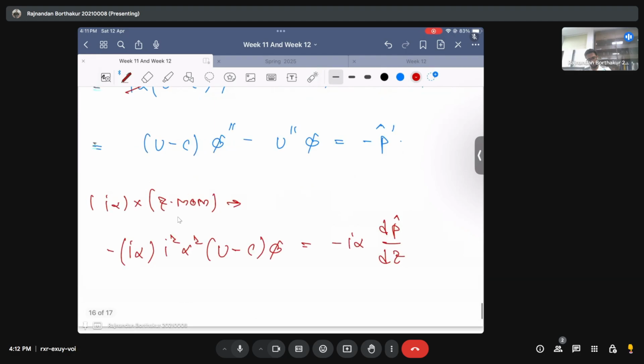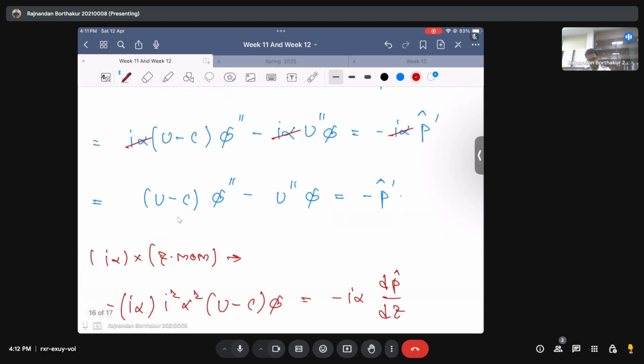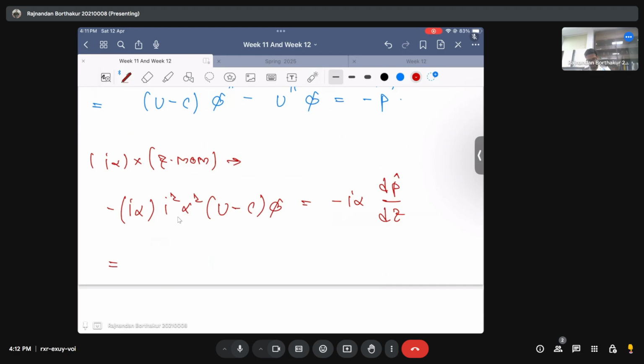Since we already cancelled the i alpha from the other part, you can discard this i alpha and just write this as minus. So i squared is minus 1, so this becomes plus, alpha squared (u minus c) phi equal to minus p hat prime.